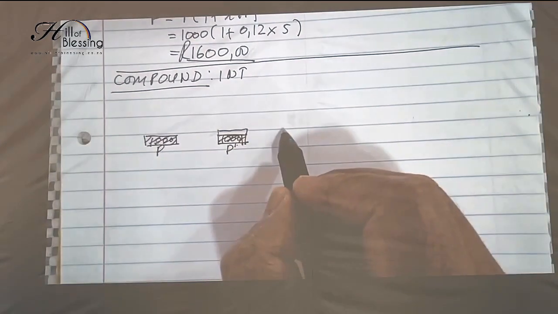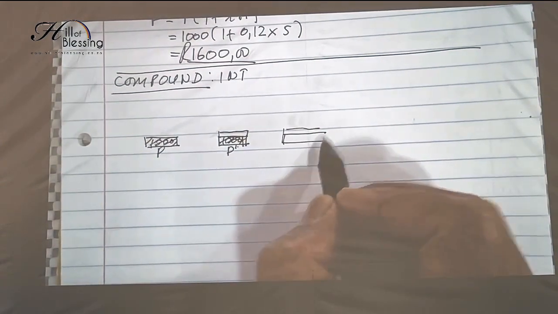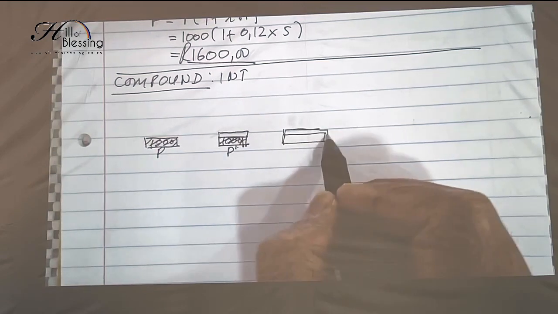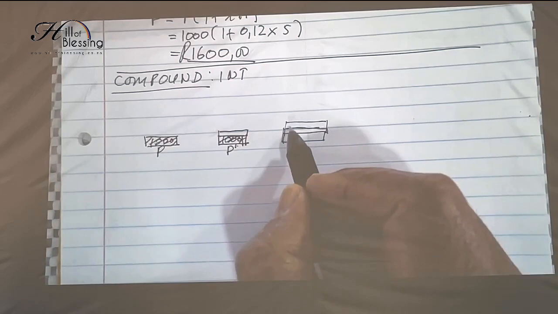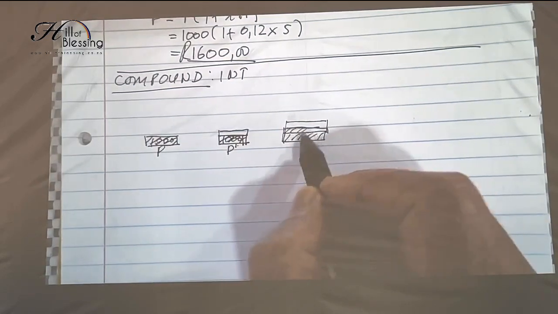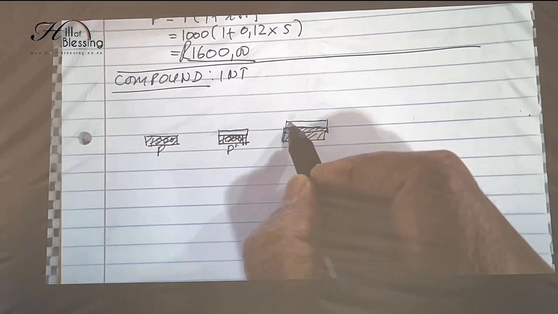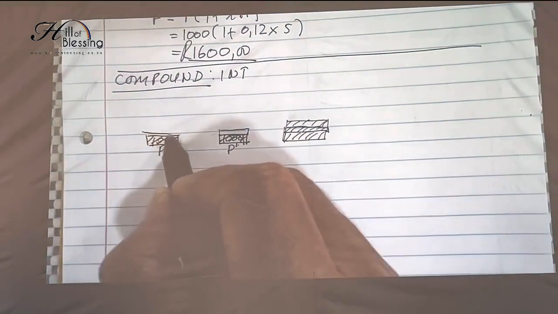And for the next year, that 1,000 rand that you put in there gets interest, plus interest on top of that. So basically, that first 1,000 plus the interest earned in the first year gets a little bigger.